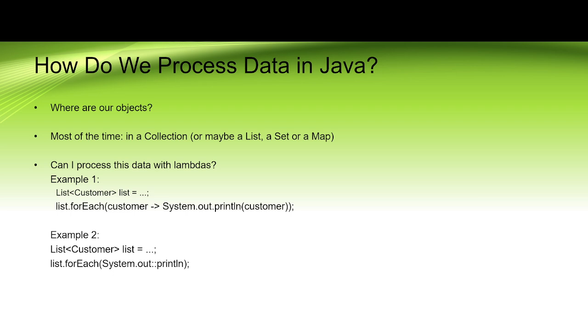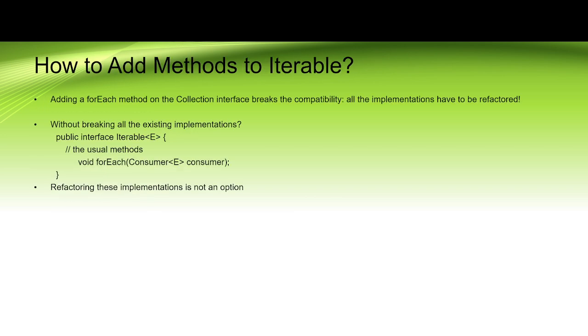You may ask question, where does this forEach method comes from? Traditionally in Java, adding a new method to an existing interface, in our example, it is an Iterable interface, requires updating all the classes that implement it.